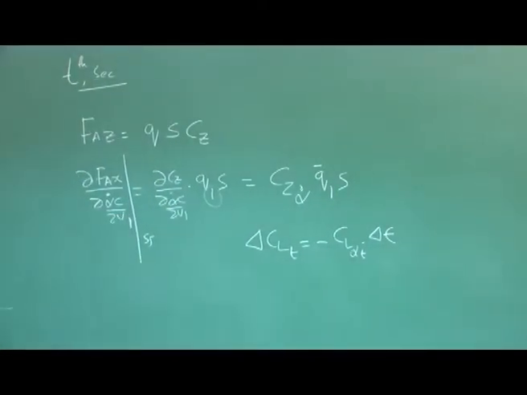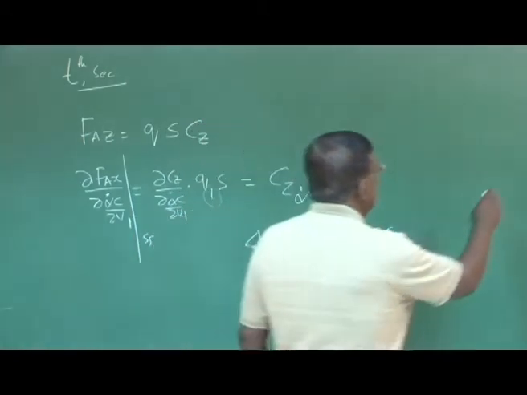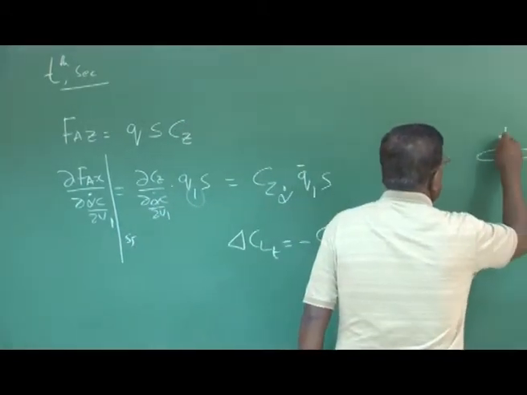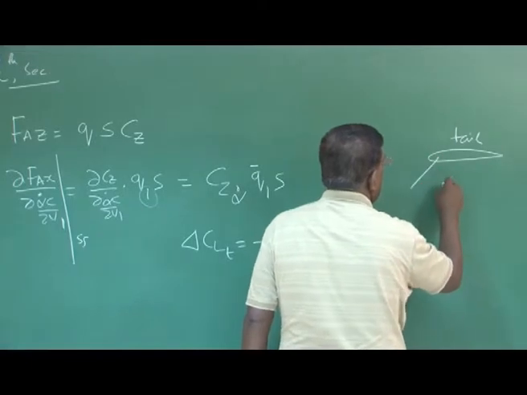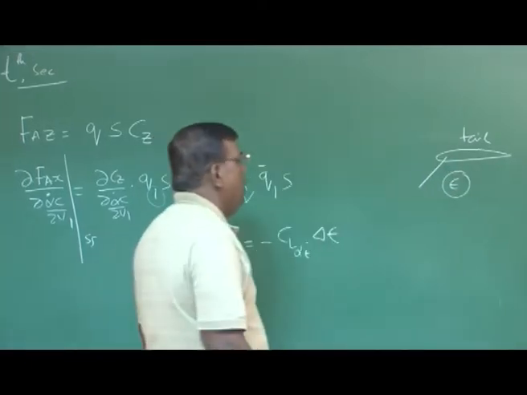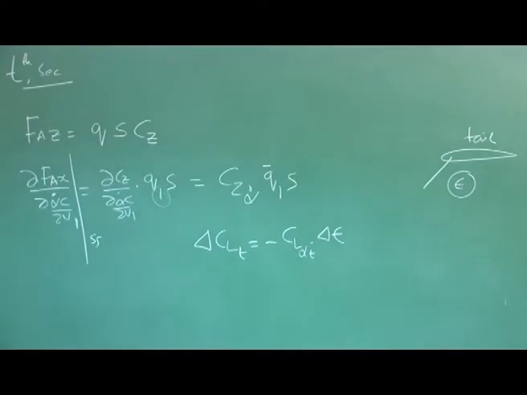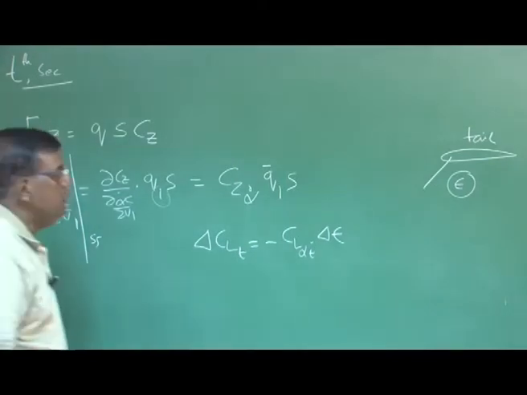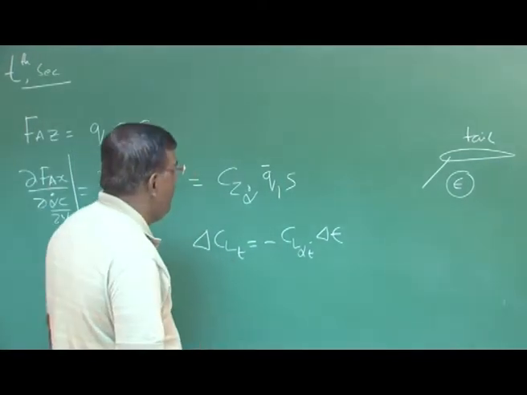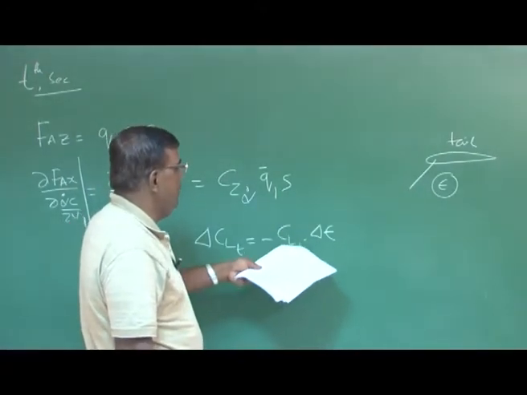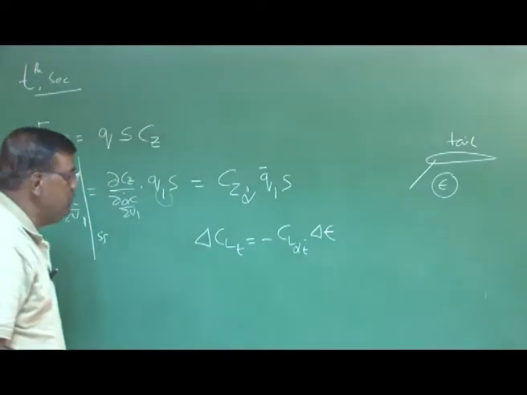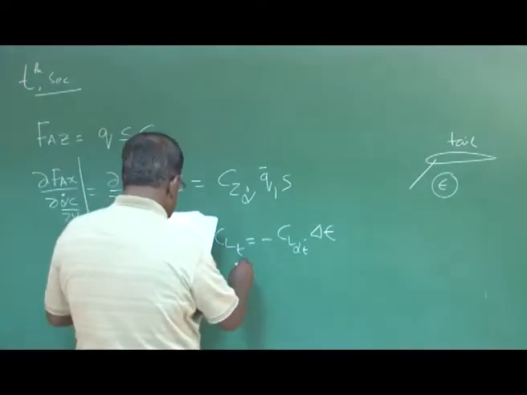Remember, I told you that because of wing tip vortices, the tail angle of attack will be reduced by epsilon. So the moment it is reduced by epsilon, there is a reduction in the lift at the tail. That is why this is minus CL alpha tail into delta epsilon. No issues?